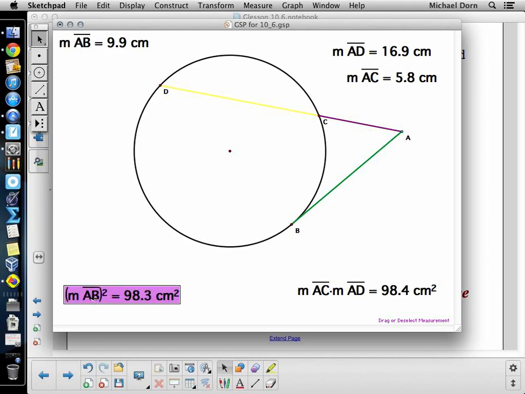AB squared. So tangent lines work the same way. It's just that because we don't have 2 segments to multiply, we just multiply the 1 segment twice. We square it. It's really what it comes down to.